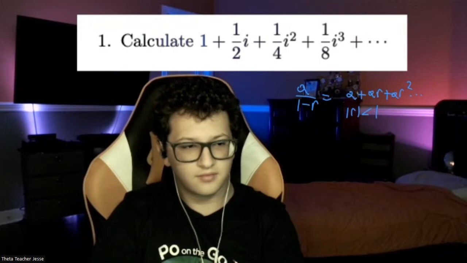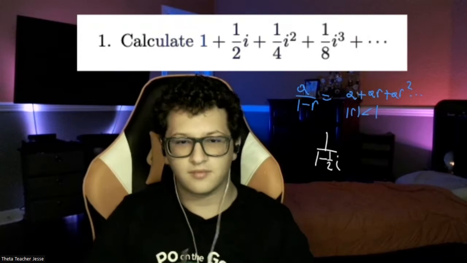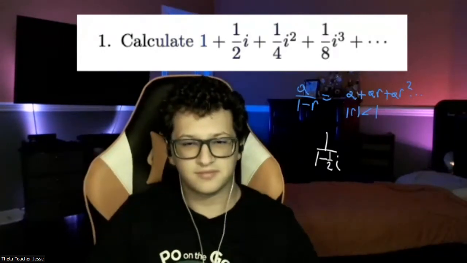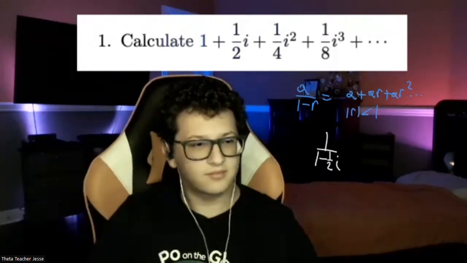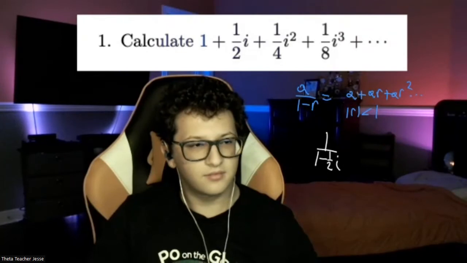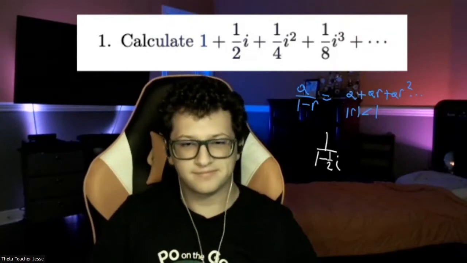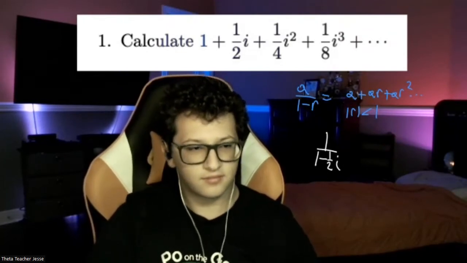So 1 minus half i is under the bar. Now in order to conjugate this, we're going to multiply both the numerator and the denominator by 1 plus half i.